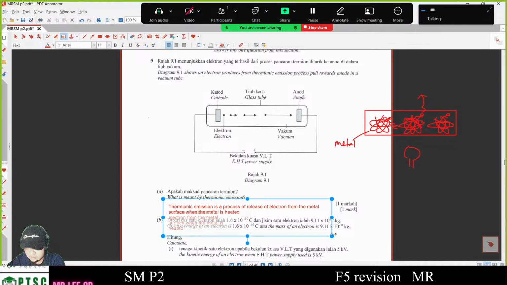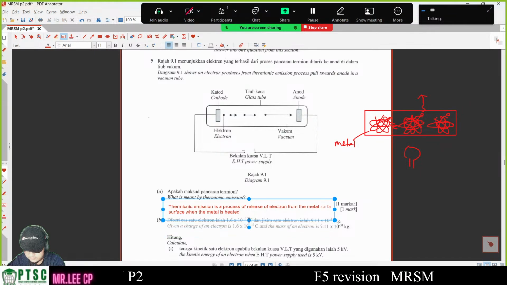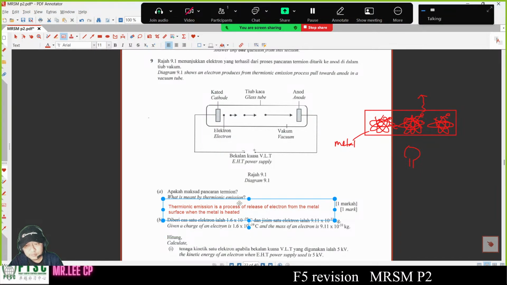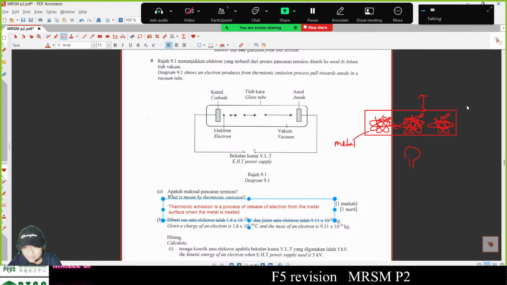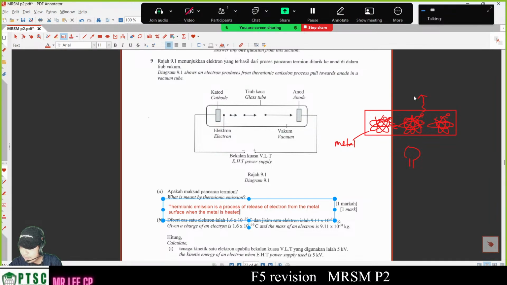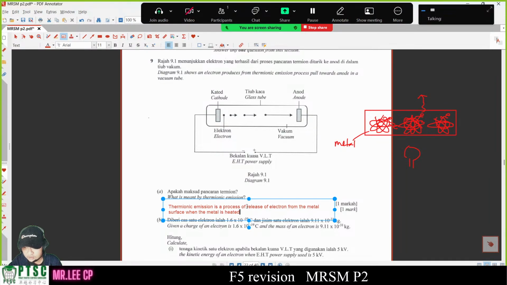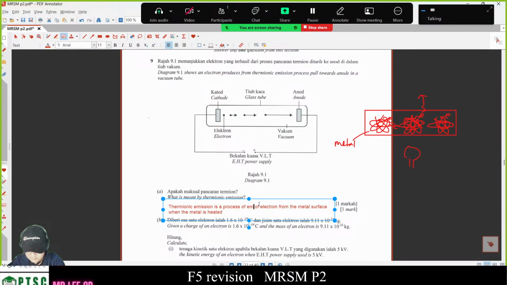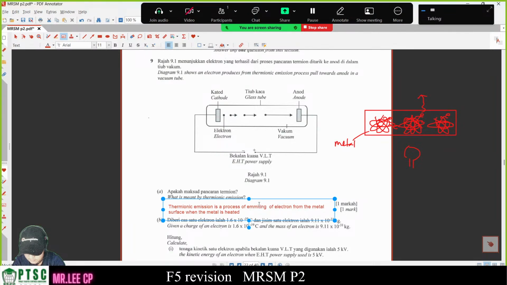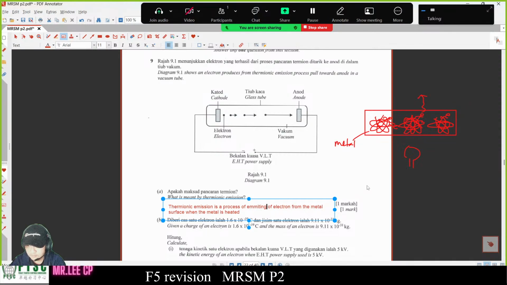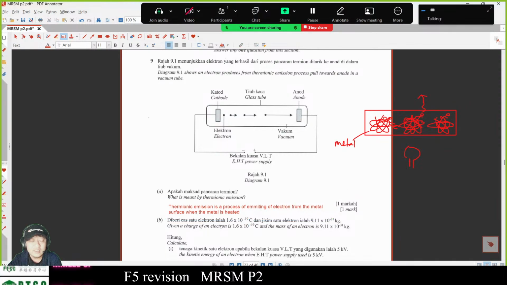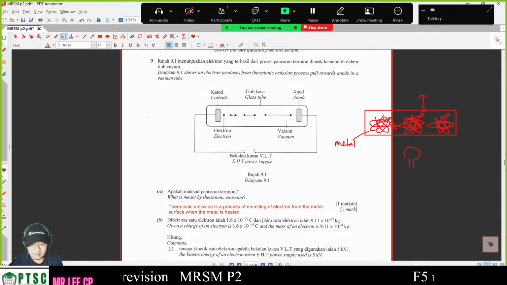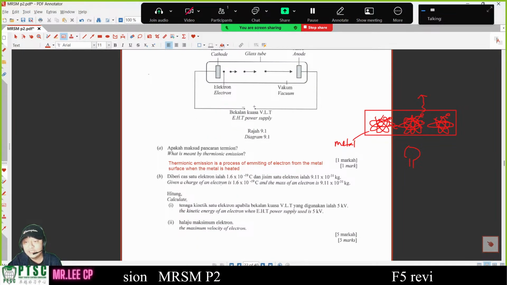Okay, you put it into words. That's all. Thermionic emission is when you heat the metal, it will emit electrons or release electrons. Emit electrons is better. Emitting electrons from the metal surface when the metal is heated up.